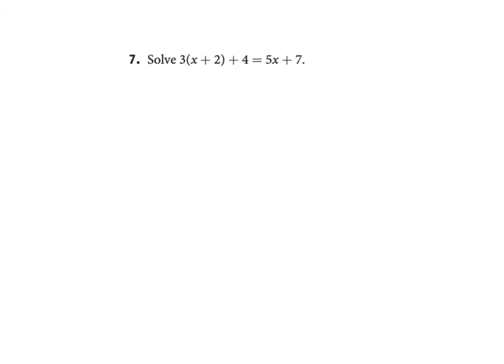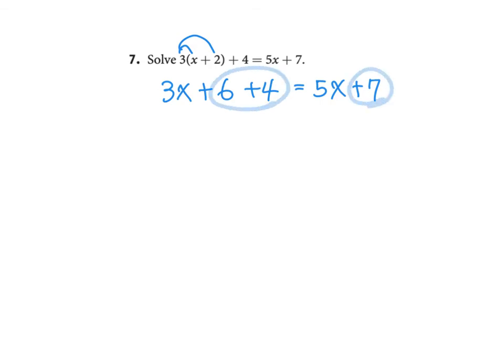Solve the equation. Just remind yourself of the order of operations and all those properties you learned. First, let's get rid of the parentheses by distributing. So 3x plus 3 times 2, 6, plus 4 equals 5x plus 7. And let's combine all the like terms. These are like terms, right? The numbers together. I want to move all the numbers to the right side. It doesn't matter which side, just put them all on the right side.